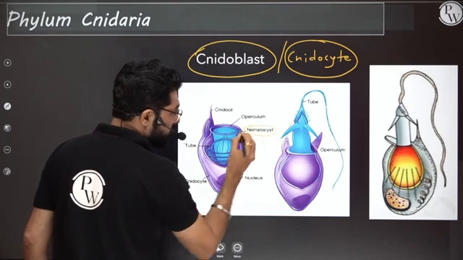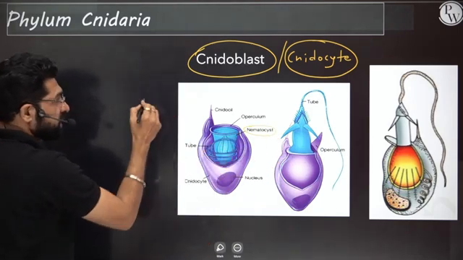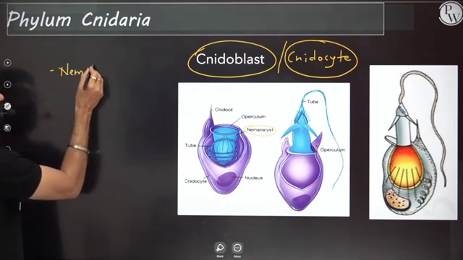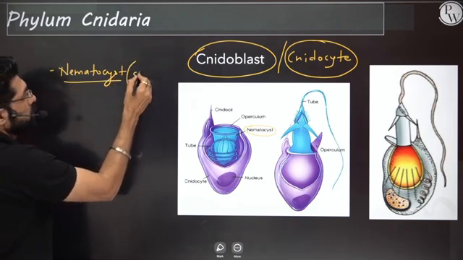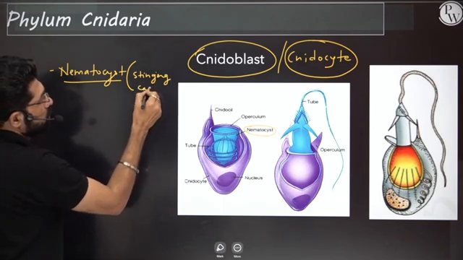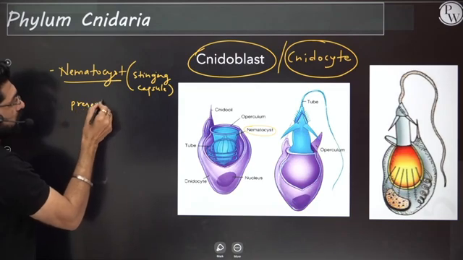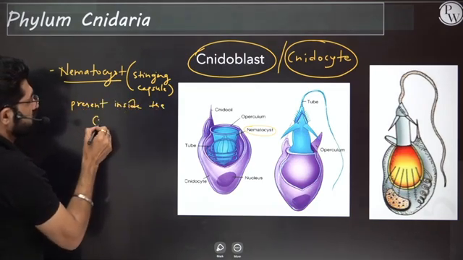Nematocyst is present inside the cnidocyte. Please write down nematocyst is a stinging capsule. This is a stinging capsule present inside the cnidoblast.